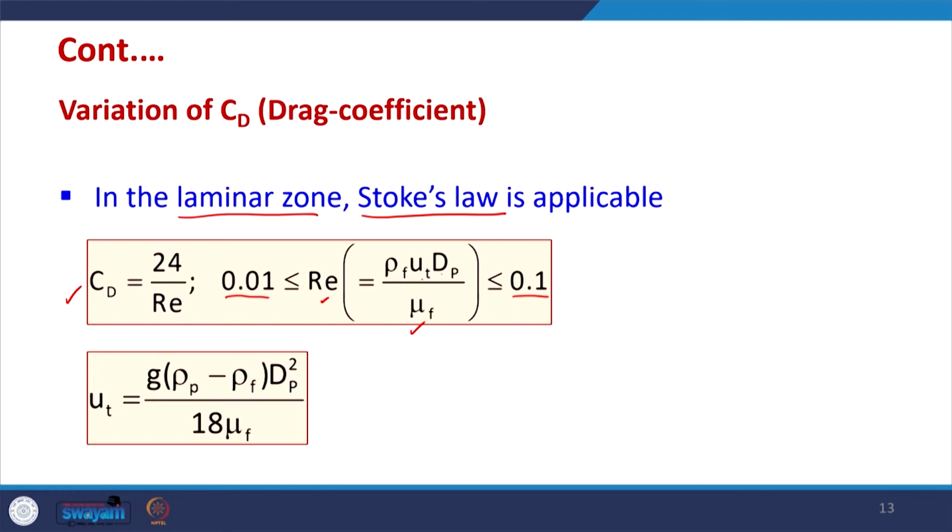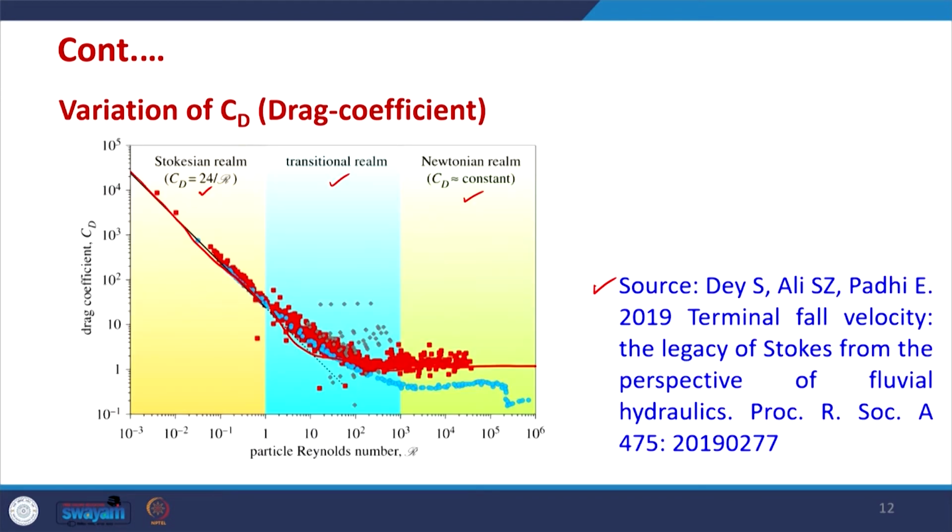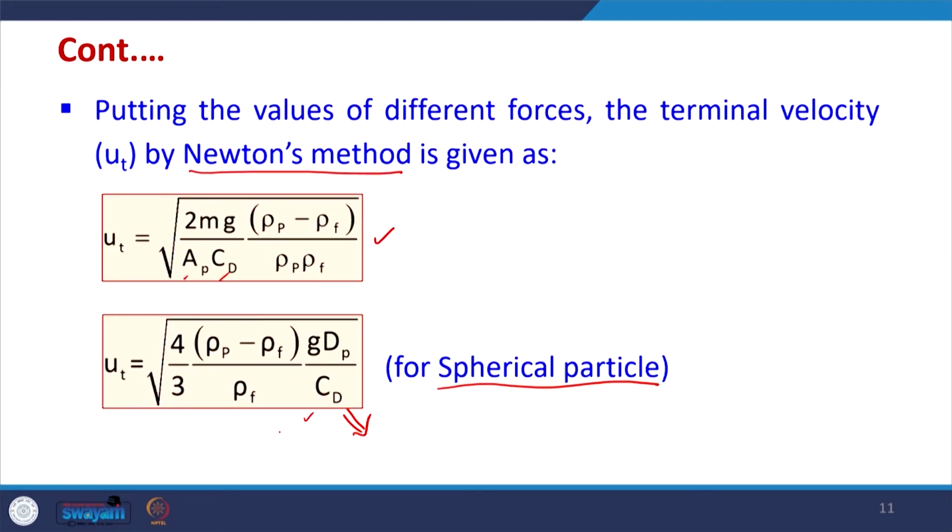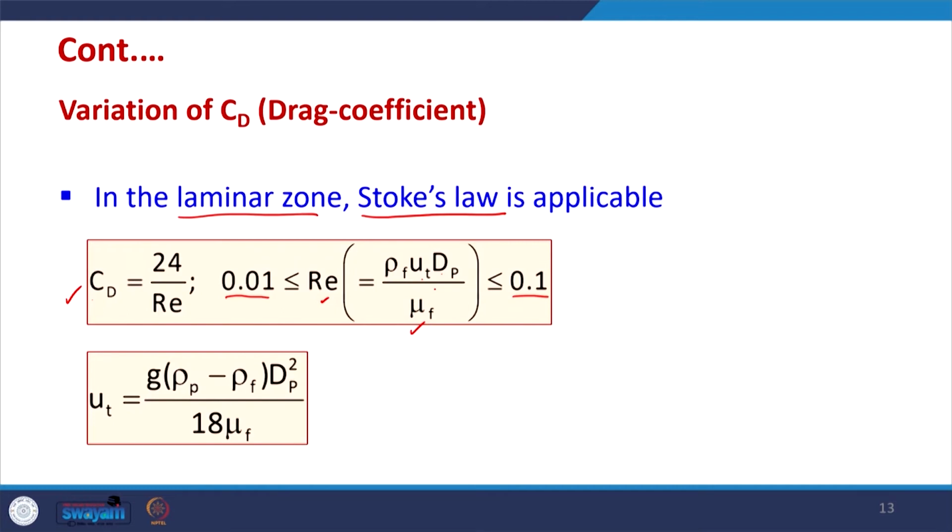Now, if we substitute CD by 24 by Re, where Re is equal to rho f ut dp by mu f, into the original ut equation, then Re is further being replaced by this term.